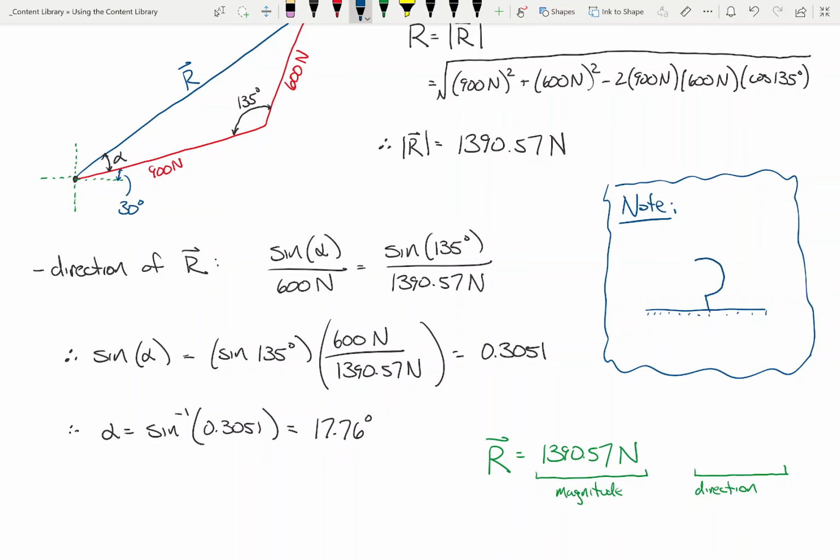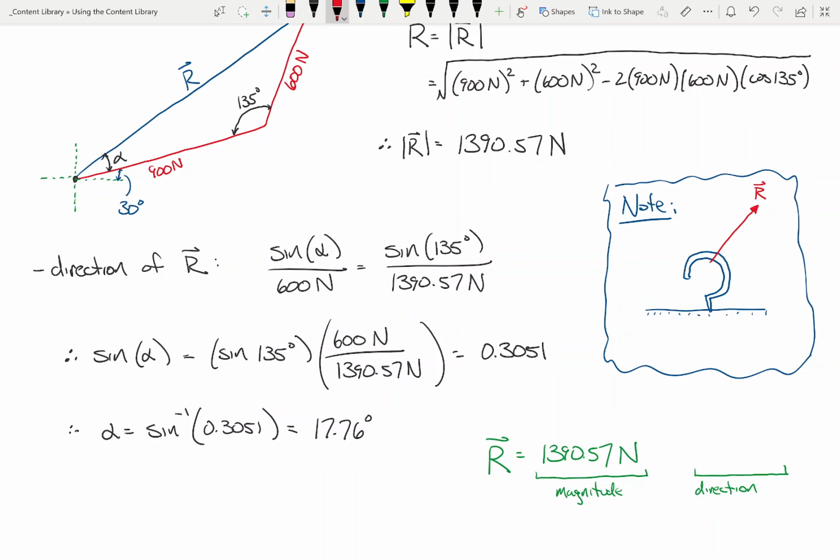Here's the hook that's coming out of the ground, right? And what I want to do is replace this entire scenario with my resultant. I literally want to erase that 900 vector, that 600 vector, eliminate that. It doesn't exist. And I just want that. And so I want a magnitude and a direction.